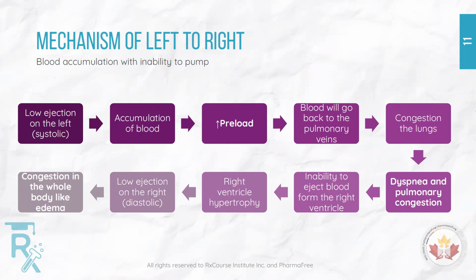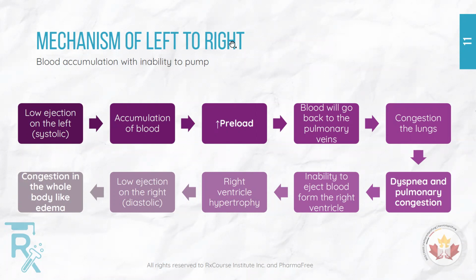So if hypertrophy already happens in the right ventricle, it will not be able to be filled fully. When there is a problem with the filling, what case will develop? The problem with the filling is diastolic heart failure.